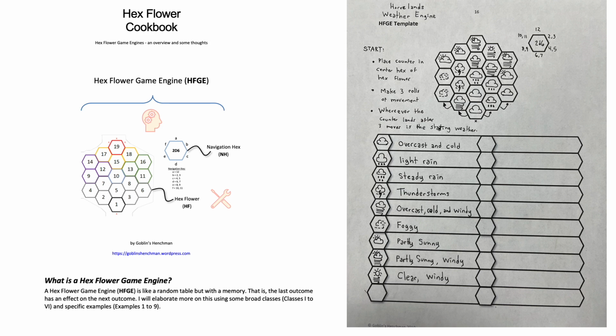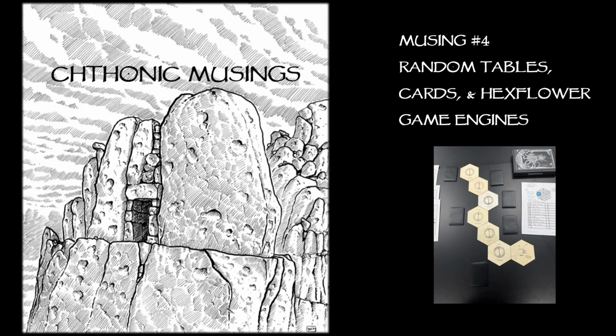There are a couple of different components to the Hexflower game engine, and I appreciate that the very first top icon here is gears inside somebody's head, because yes, your brain is an important component of any role-playing game engine or system.